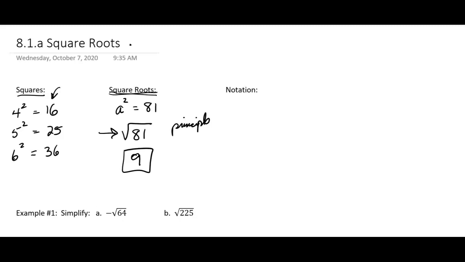Okay, so now we're going to talk about the notation. So this symbol right here is called the square root symbol. And then you're going to have a number underneath it. That number is called the radicand. Now, that symbol that I've drawn, this right here, it's called the square root symbol.